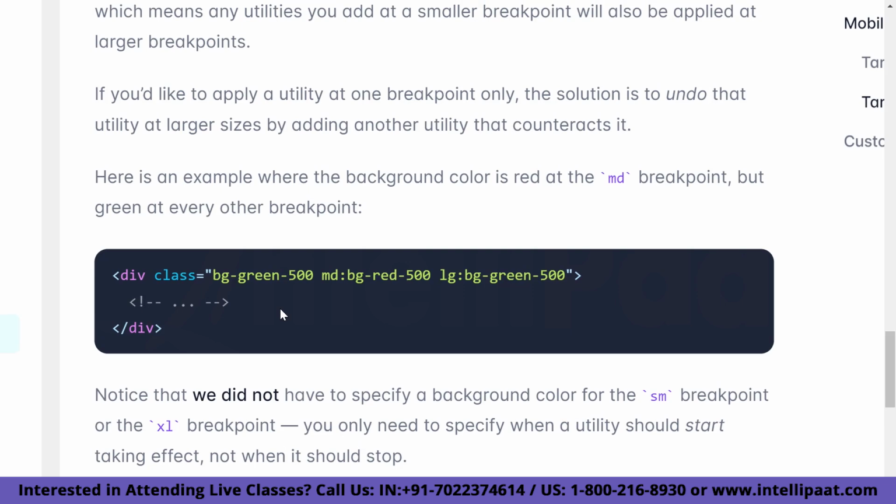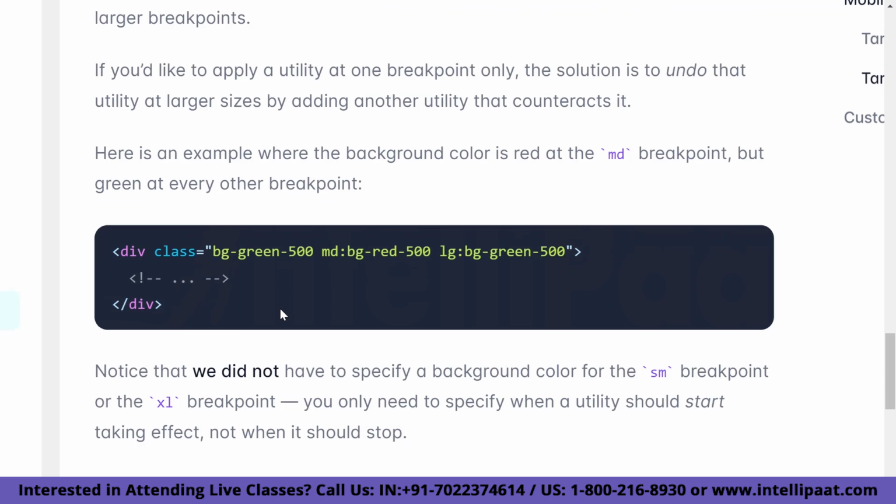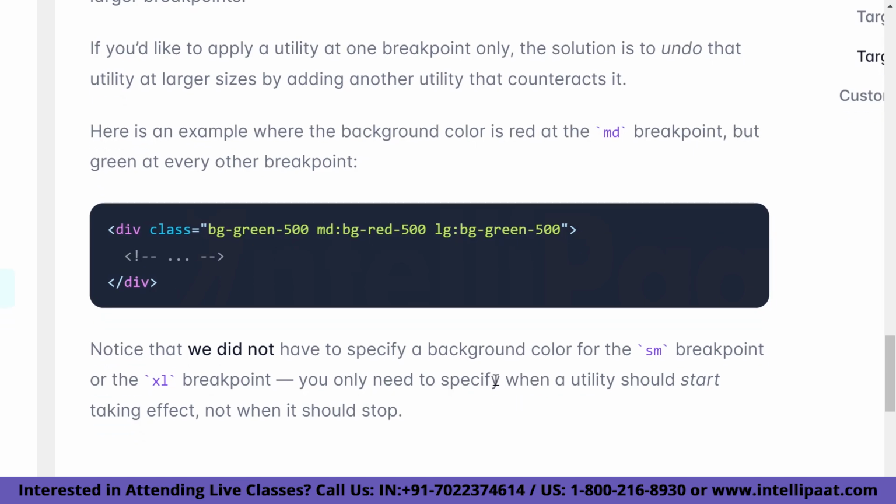So in order to specify a background color for SM or the smallest sizes, you should always keep one thing in mind: you only need to specify when a utility should start taking effect, not when it should stop. Okay. If you read this line, it says exactly the same thing.